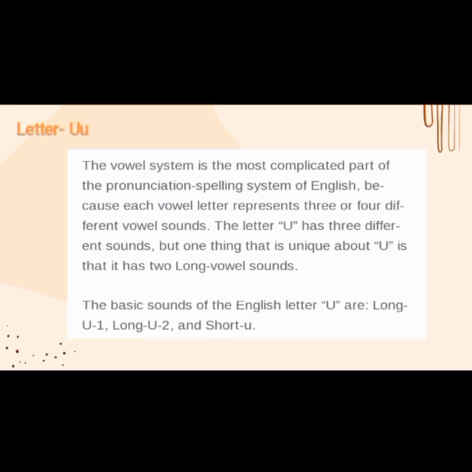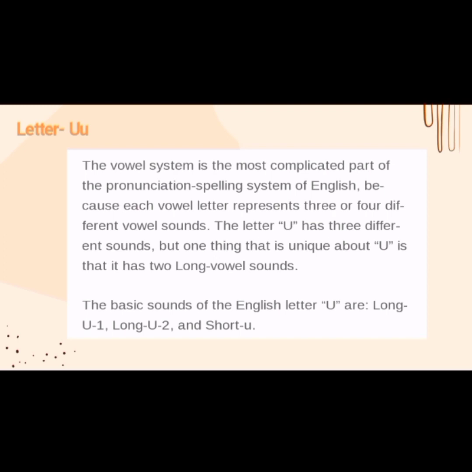The next letter in the vowels is U, the last letter. The vowel system is the most complicated part of the pronunciation and spelling system of English because each vowel letter represents three or four different vowel sounds.